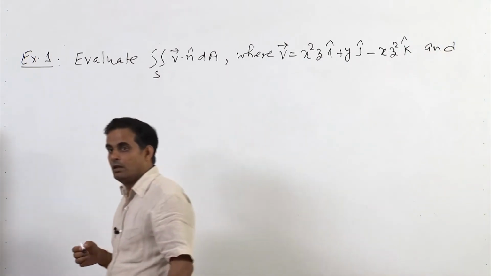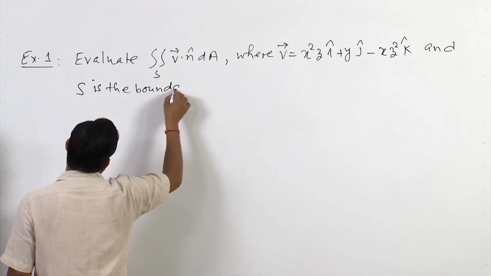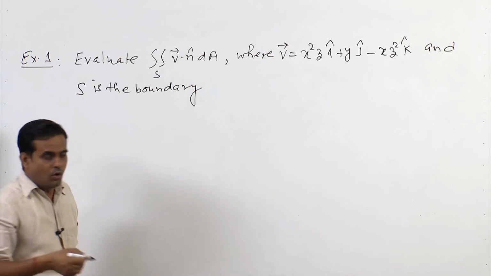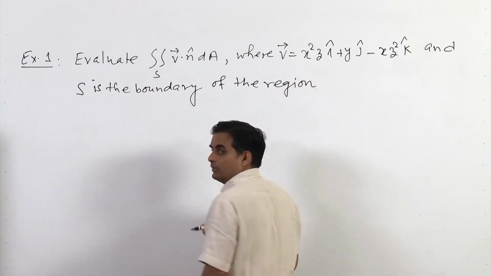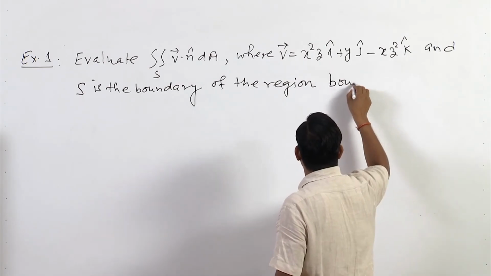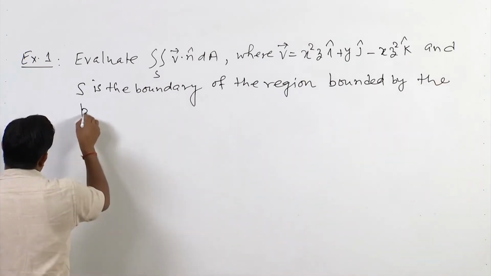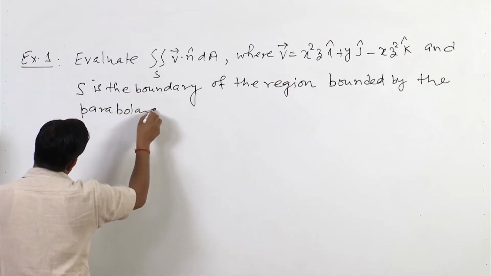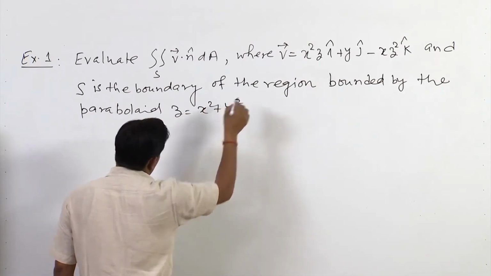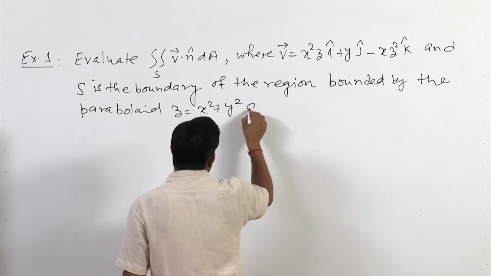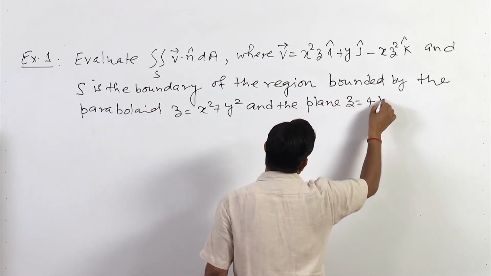And S is the boundary of the region bounded by the paraboloid z equals x squared plus y squared and the plane z equals 4y.